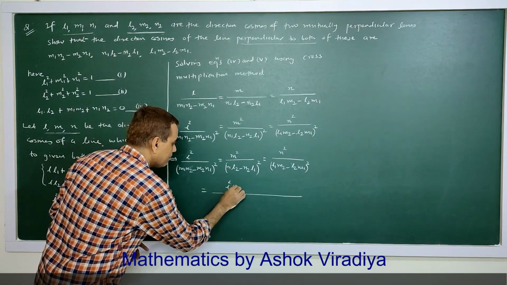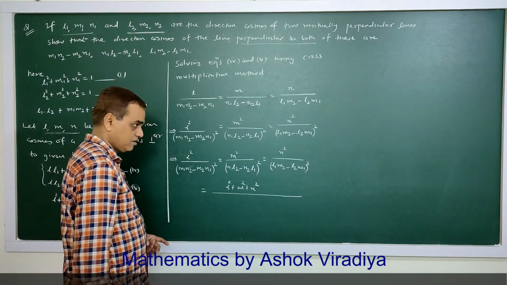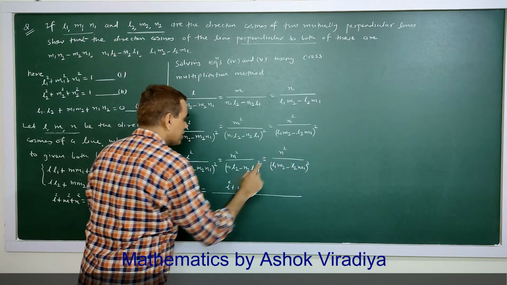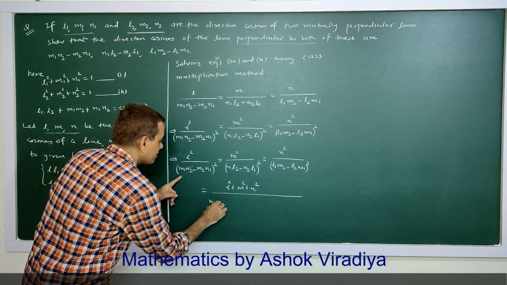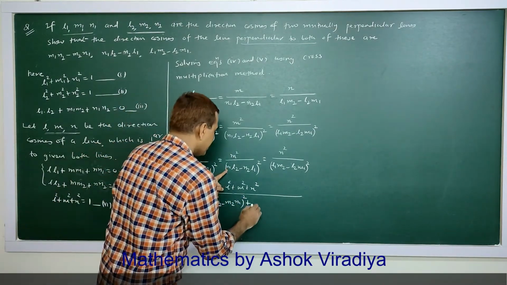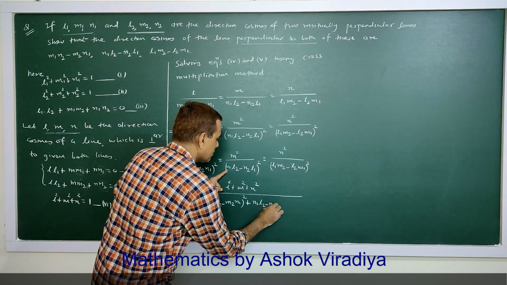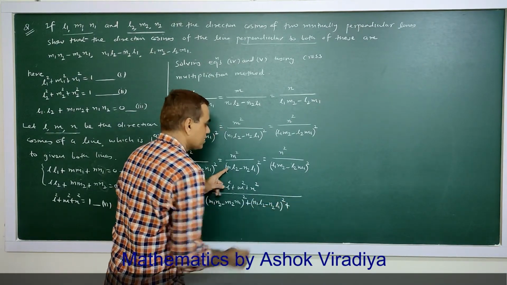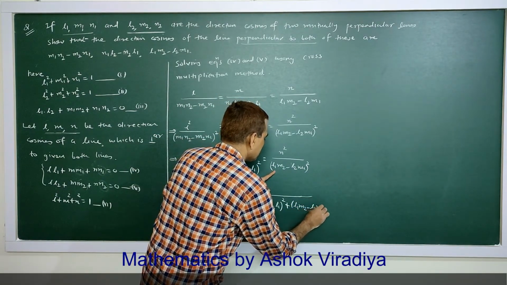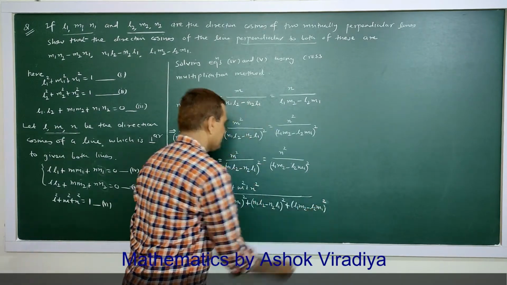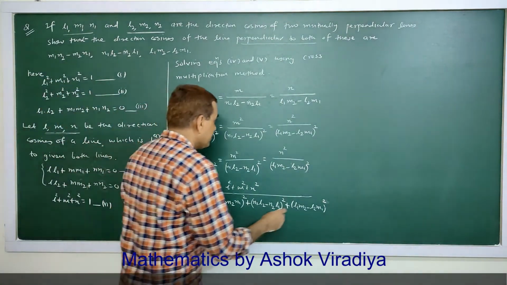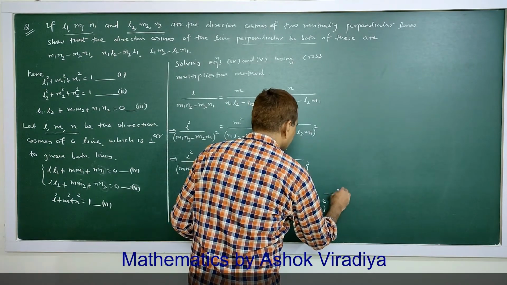So each ratio will have value equal to numerator plus numerator plus numerator upon denominator plus denominator plus denominator. Now let me say this is equation number 7.